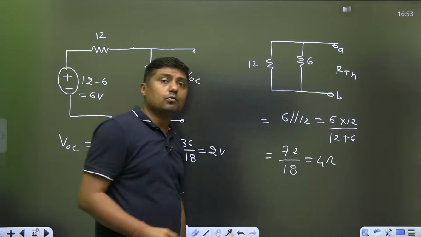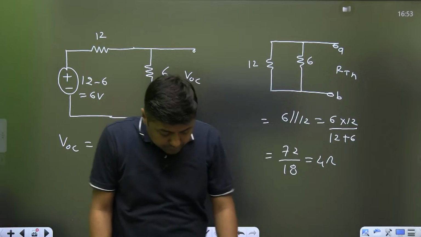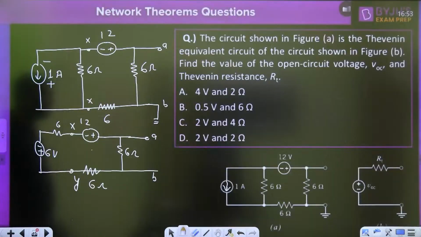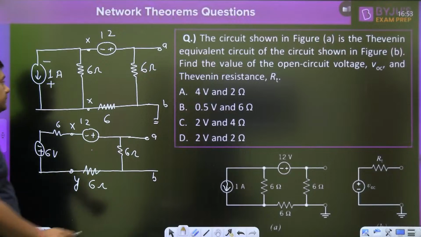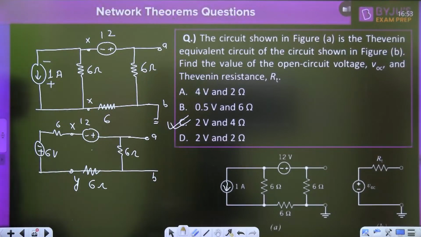So Bhanu, you have given what is the answer? C. All other students, what is the answer for this question? Yes, you have given the right answer, 2 volt and 4 ohm.